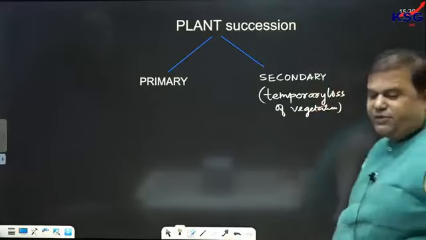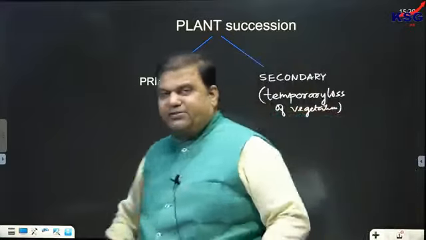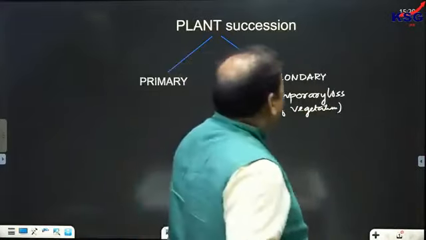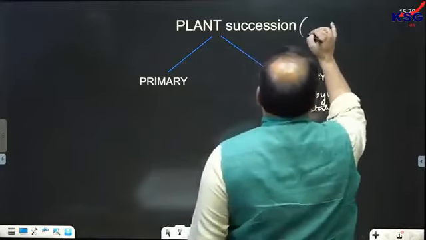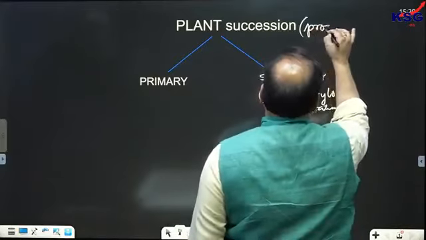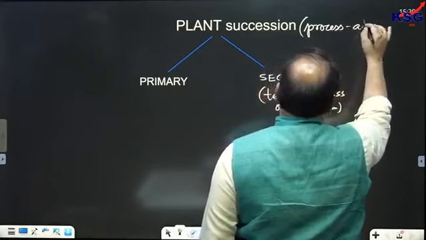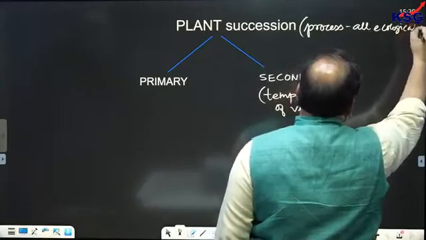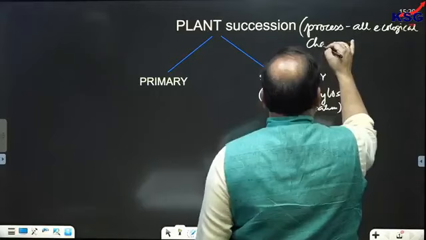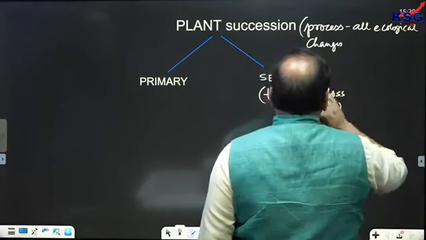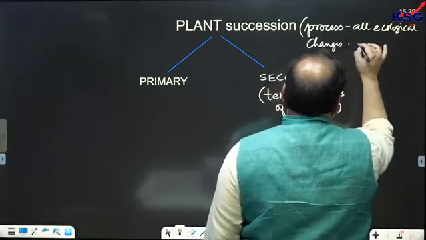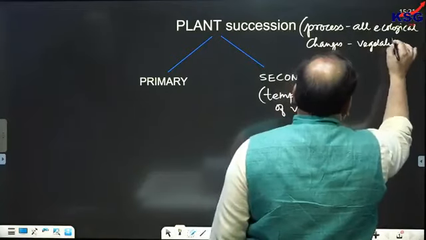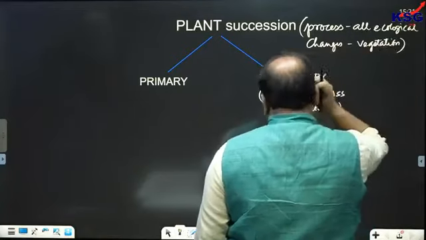It is a process which includes all ecological changes with the help of which vegetation gets established in an area.